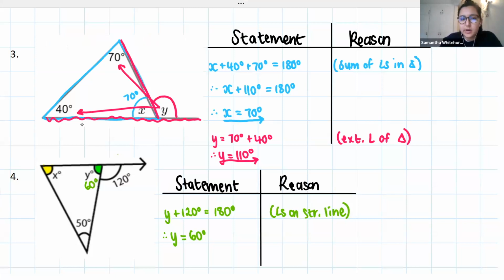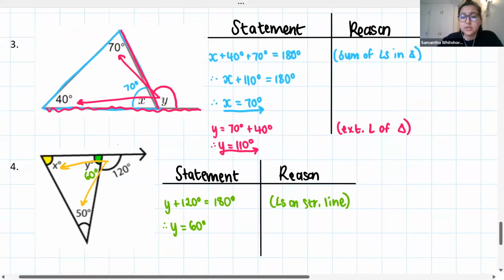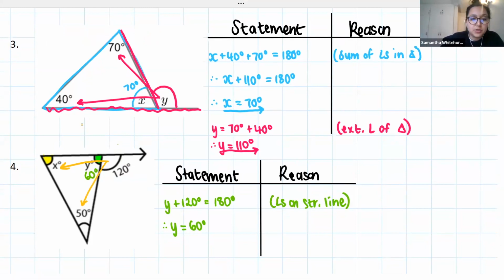I'm going to use exterior angle because that's the one we're practicing. So 120 is our exterior angle, which means if we add x and we add 50, we must get 120. Now this goes back to the question of when do we add, when do we subtract? I know the exterior angle here, so I'm going backwards to work out what the two opposite ones are. So I'm going to have to subtract.